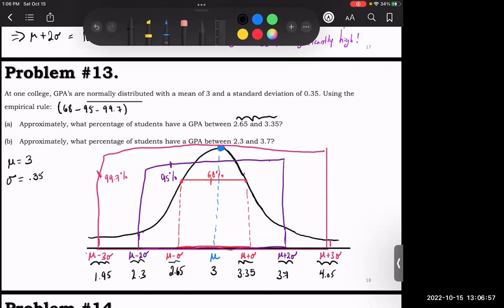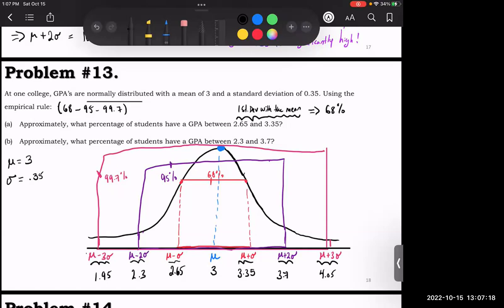One. It's just 1 standard deviation within the mean. So the final answer should be what percentage? 68%. That's it. That's all you had to do.